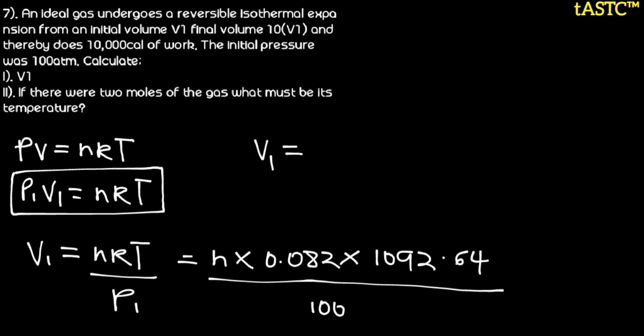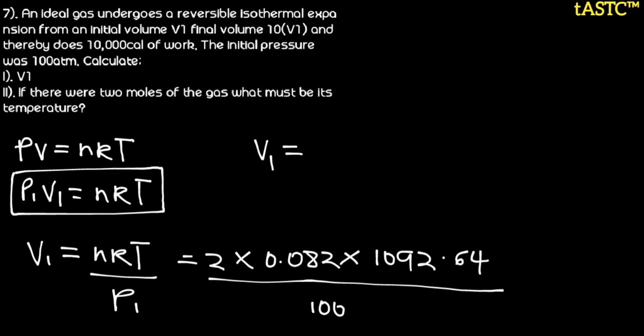So V1 therefore is going to be n, and we were given n, which is 2. So this is 2 multiplied by 0.0821, multiplied by 1092.64, and that is divided by 100.